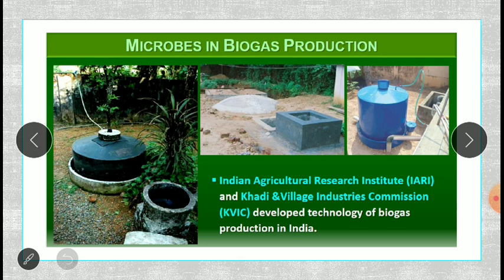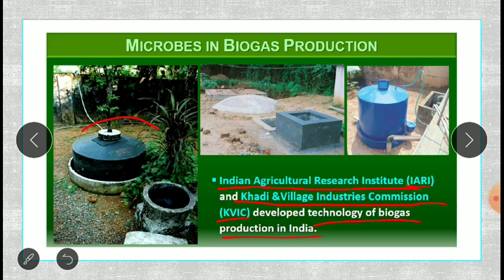Then here we can see that in India, 2 organizations, that is the IARI, the Indian Agricultural Research Institute, and KVIC, the Khadi and Village Industries Commission, together developed this technology of biogas production in India.